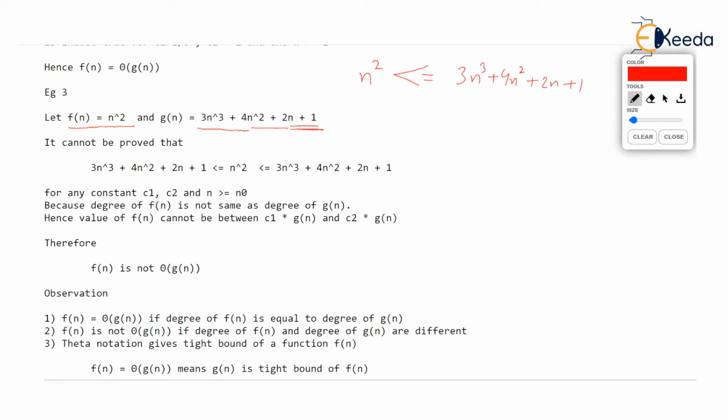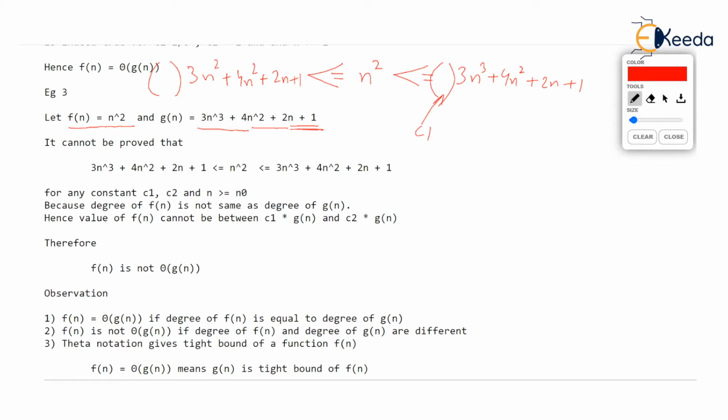At the same time, is n square greater than or equal to the same function? This should be true for both, provided you get some constant here, say C2, and some constant here, say C1.